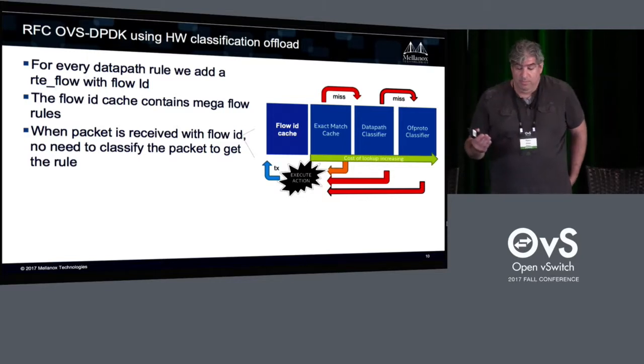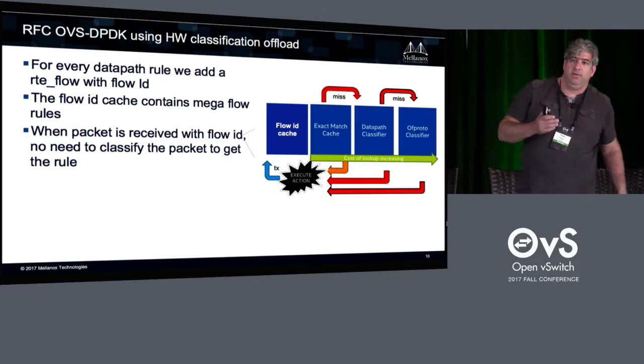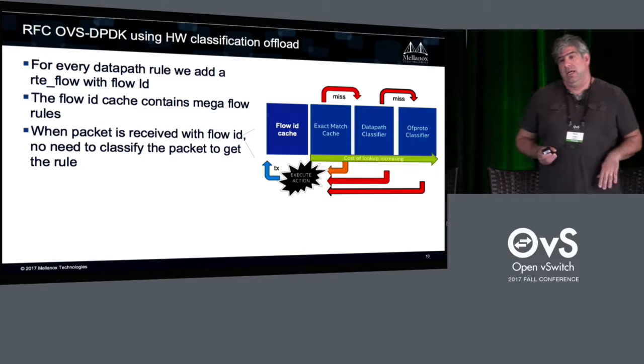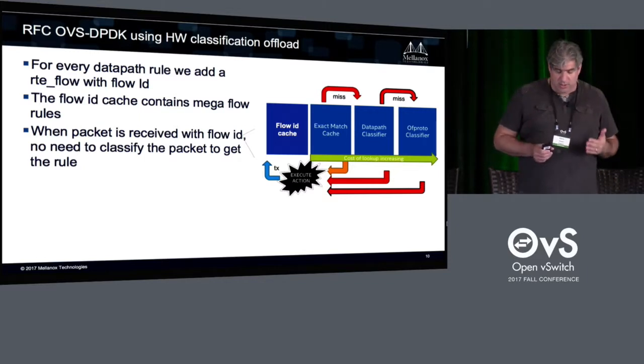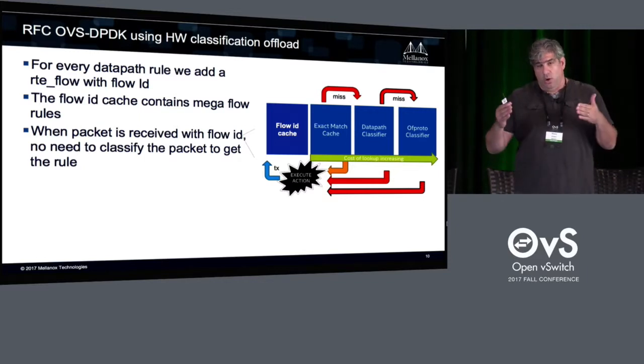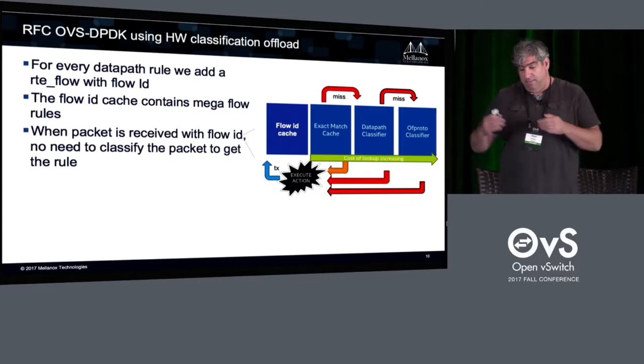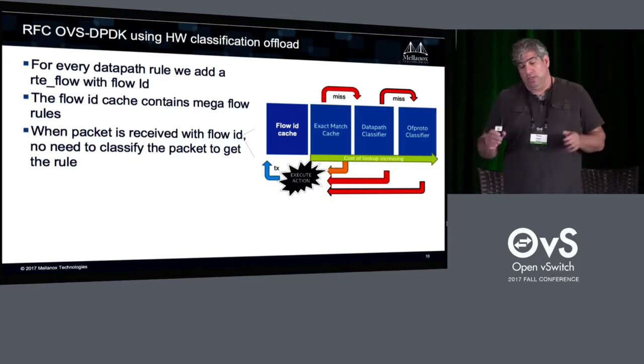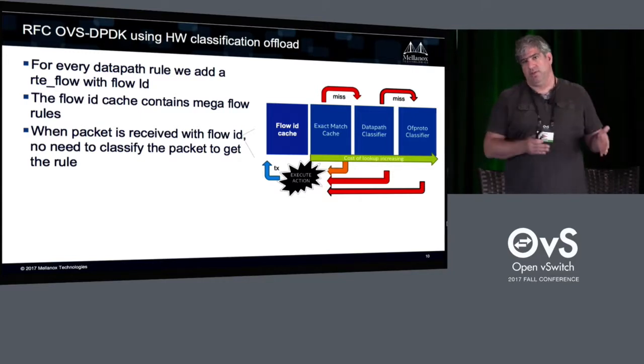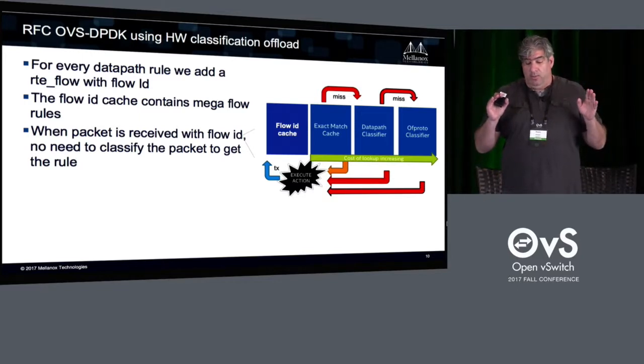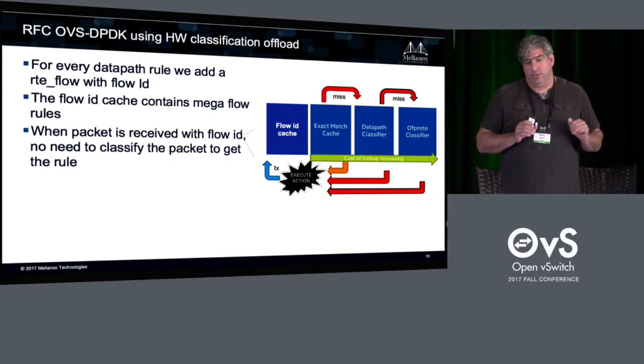What we want to do is have another layer before the exact match cache that stacks all the rules from the megaflows. So to the hardware, we take the megaflow rules, not the exact match, and we tag the packets according to the rules.